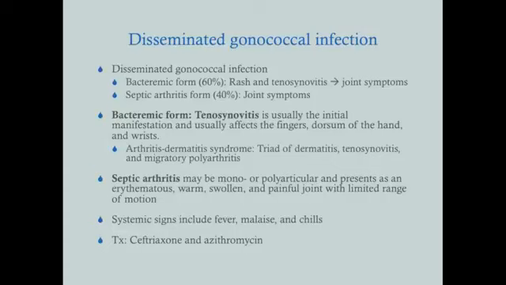Of course, this is going to present with systemic signs because this is a systemic infection, and so you can have fever, malaise, and chills. As we had in this patient, we had fever and malaise. The treatment for disseminated gonococcal infection is going to be ceftriaxone, either intramuscularly or intravenously, 1 gram per day for 1 week, and azithromycin, 1 gram orally just once. And I said intramuscularly or intravenously.